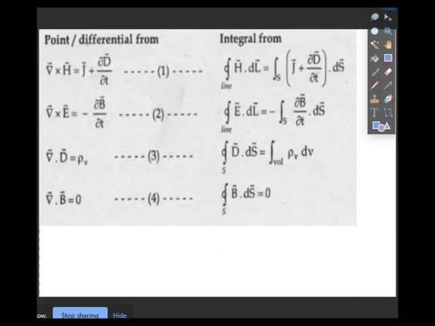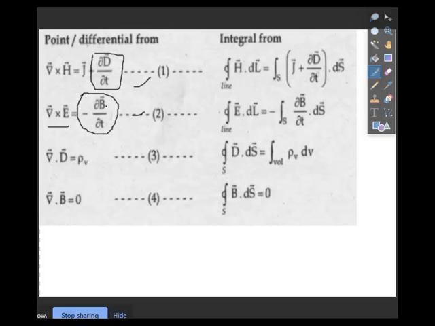The first expression, initially, was only del cross H equal to J, but after modification we have J plus del by del t of D. And in the second expression, initially it was del cross E equal to 0, but after modification it is del cross E equals minus del by del t of B. So these two expressions were modified for time varying fields, and the other two equations were kept as they are because both are already valid for time constant as well as time varying fields.